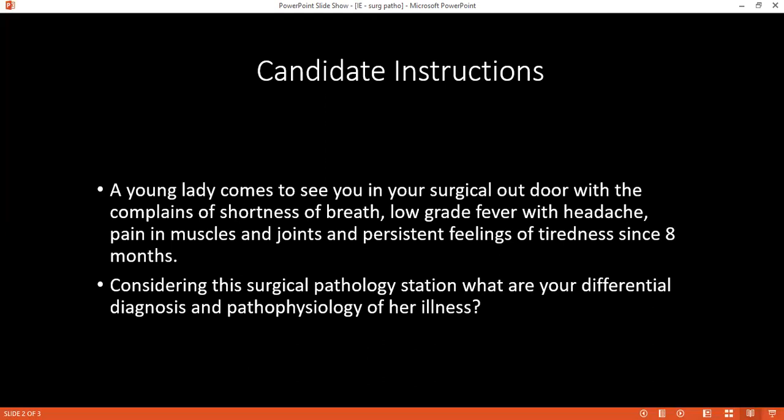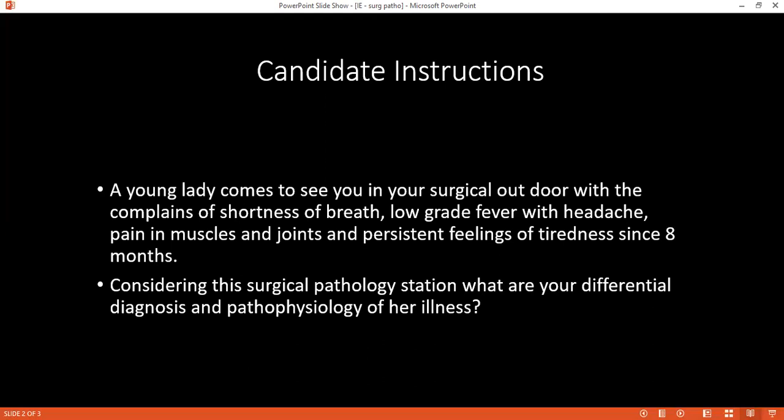I do not know, ma'am. Prosthetic valve endocarditis can be divided into two, early and late. Less than 60 days is early, greater than 60 days is late. Staphylococcus aureus is the most common. Streptococci is for the late one.